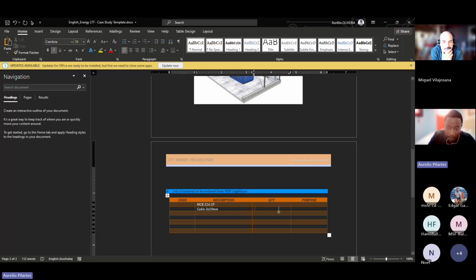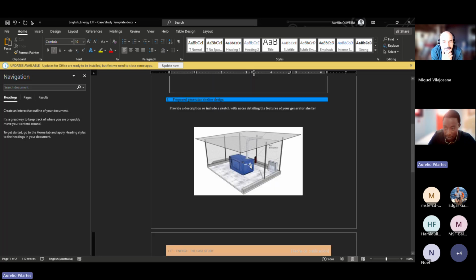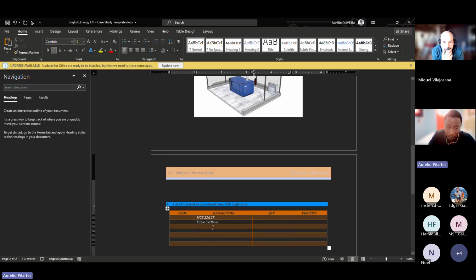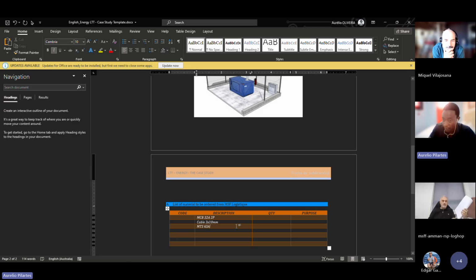This is the cable, and the quantity will be the distance between your generator and your main board. So you will always need a manual transfer switch. A manual transfer switch is always needed. Here we have 32 amps, so something like 32 amps for the manual transfer switch would do, but you could go even higher.